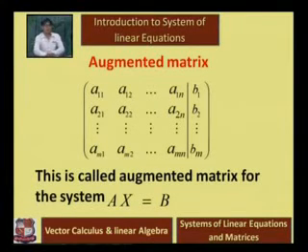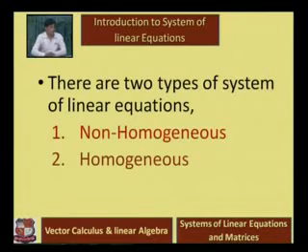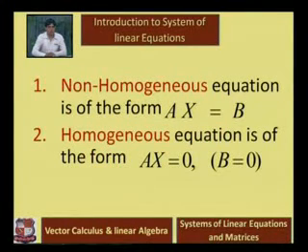This is called the augmented matrix of the system Ax equals b. In a linear system of equations, there are two types: non-homogeneous and homogeneous equations. A non-homogeneous equation is written in the form Ax equals b, and a homogeneous equation is of the form Ax equals 0.